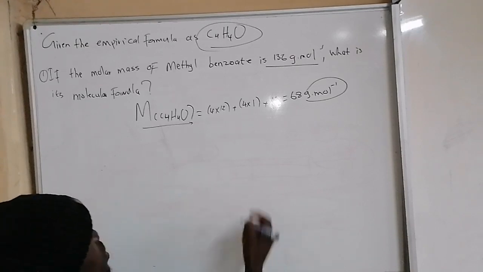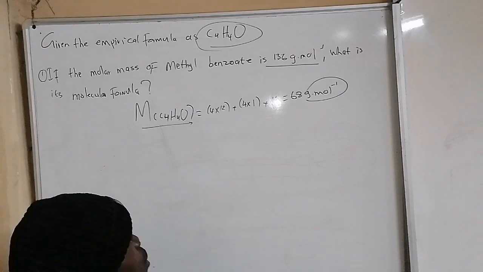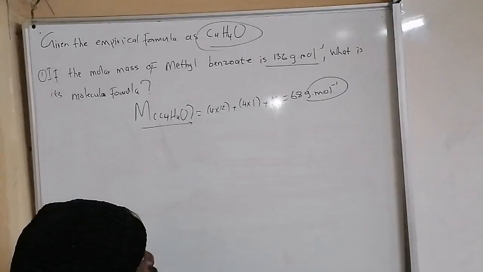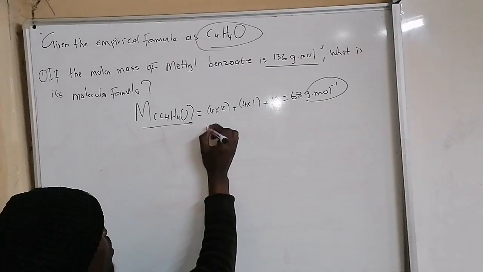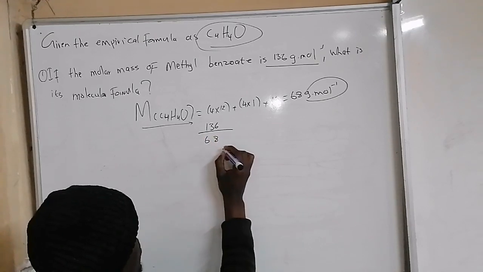Now we are done finding the molar mass of the empirical formula. Therefore, we take the molar mass of the molecular formula and divide it by the molar mass of the empirical formula. 136 gram per mole over 68 gram per mole.